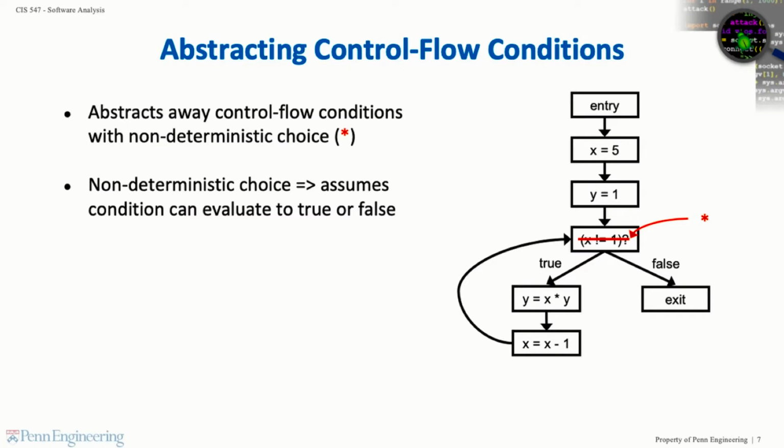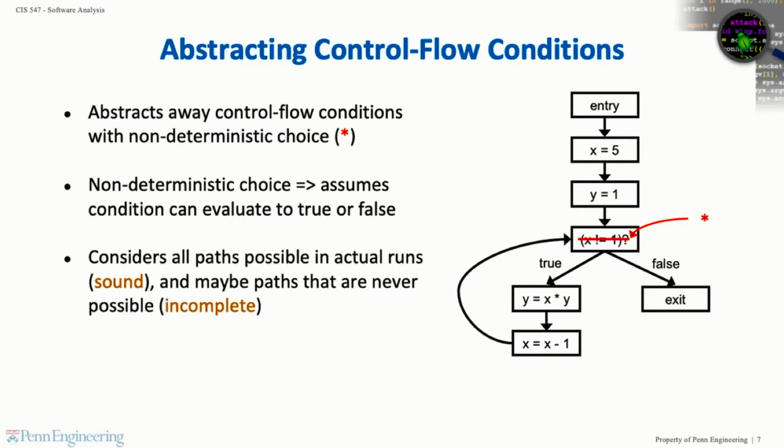Non-deterministic choice simply means that the analysis will assume that the condition can evaluate to true or false, even if, for example, in actual runs, the condition always evaluates to true. By doing this, not only does a data flow analysis ensure that it will consider all paths that are possible in actual runs of the program and thereby guarantees soundness, but it also considers paths that are never possible in actual runs, which leads to incompleteness.